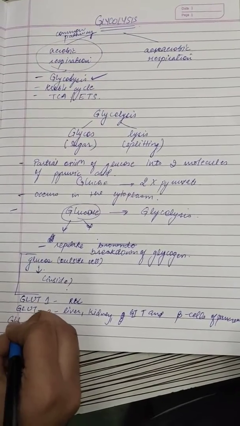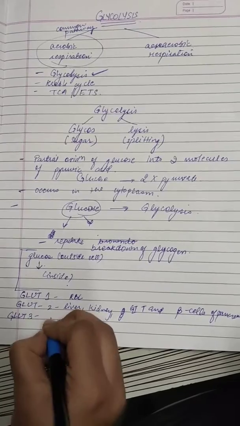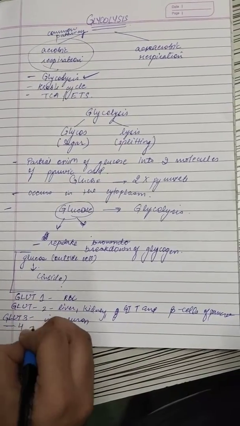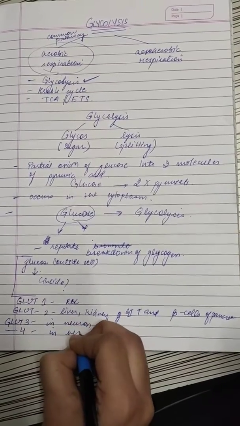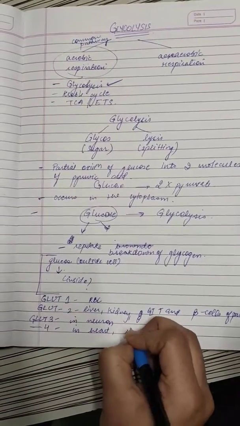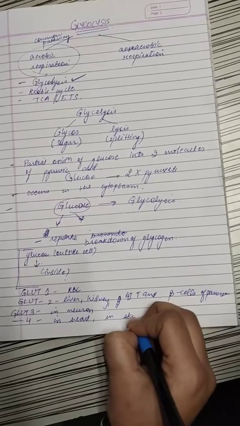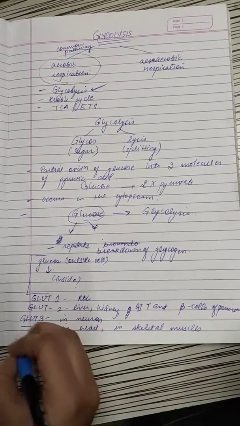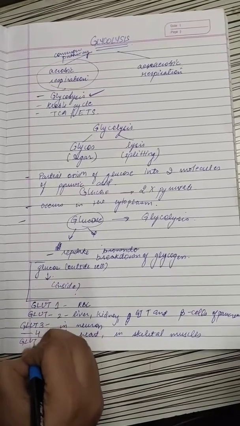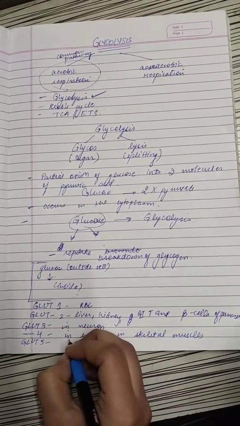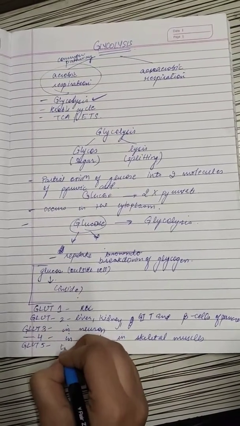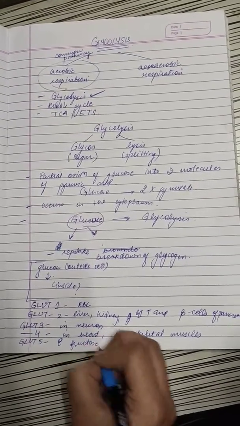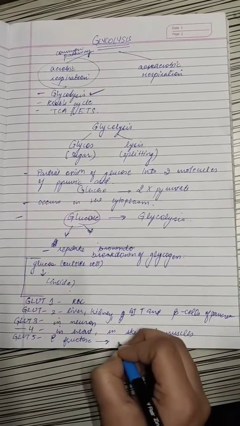Glucose transporter 3 is found in neurons. Transporter 4 is found in heart and skeletal muscles. Whereas glucose transporter 5 specially transports fructose into the cell.